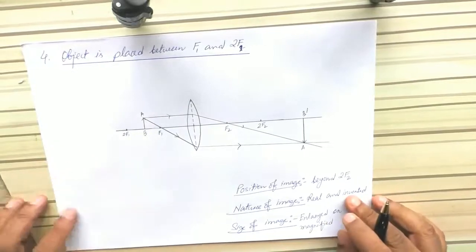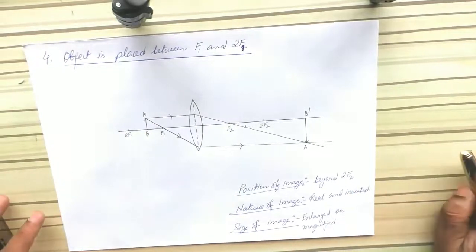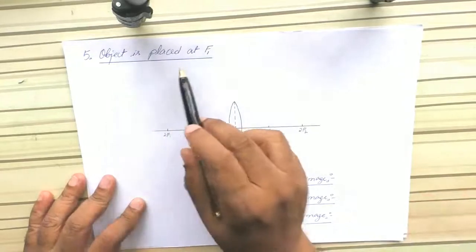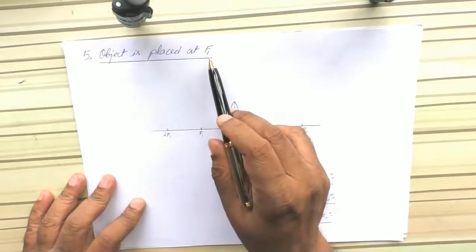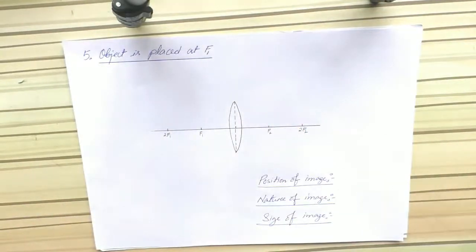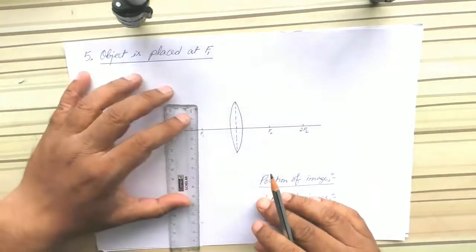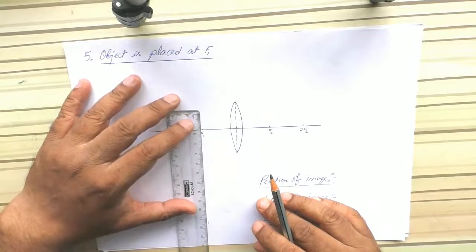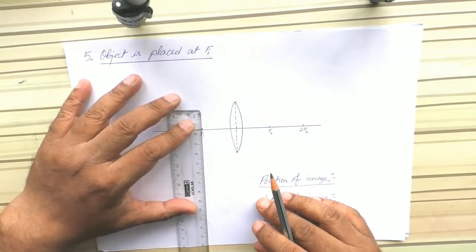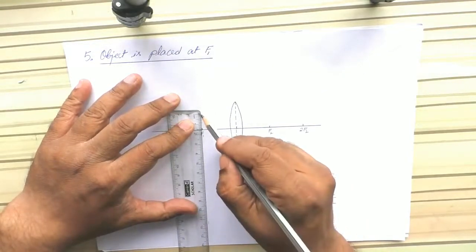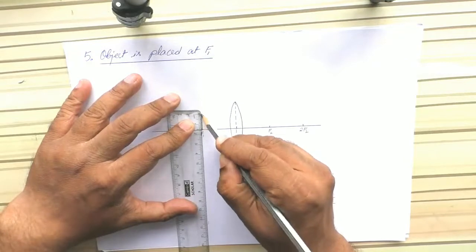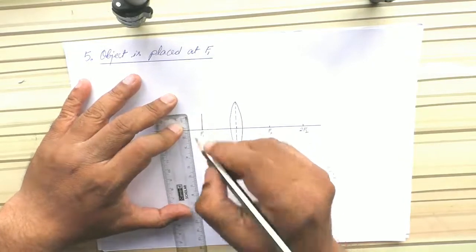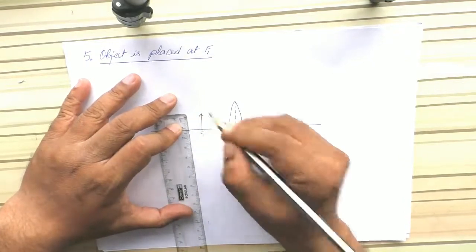Now point number 5, where the object is placed at focus f1. If the object is placed at focus, we will have to see where the image is formed. I am taking the height of the object as 1.5 centimeter. It depends on you, according to your convenience.